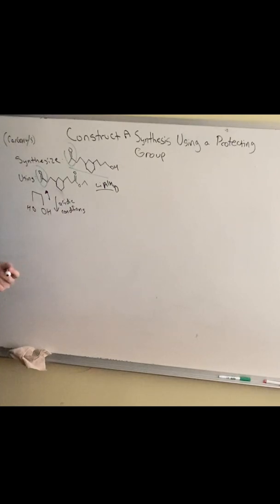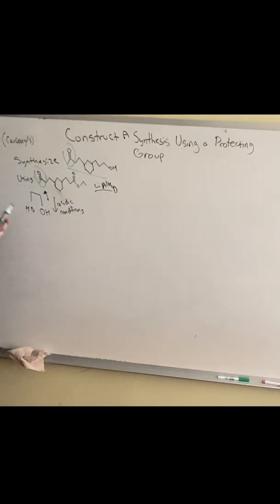Now you might be thinking, why does it react with this ketone instead of this ester? The reason is that the oxygen present in the ester makes the carbonyl receive more electron density, which causes it to be less electrophilic. And since the ketone is more electrophilic, it's more likely to react with the diol.